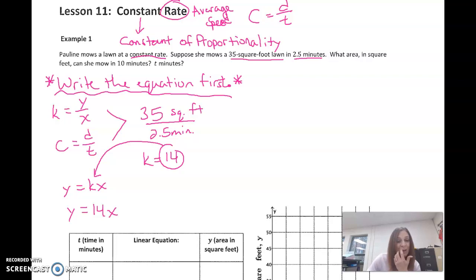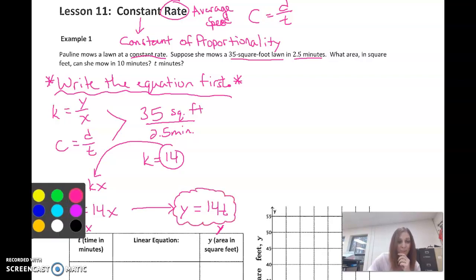Now, if we look down here, this is our x column and this is our y column. We're not going to use x, we're going to use t, but we're still going to use y. So I'm going to leave it as y equals 14, and instead of times x, I'm going to say times t. So that is our 7th grade way of doing it.